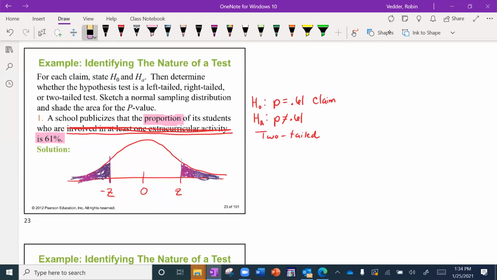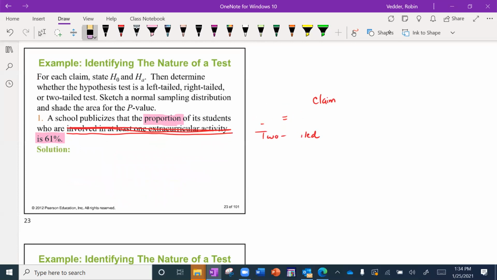All right, let's do an example. It says identify the nature of a test. For each claim, state the null and the alternative. Then determine whether the hypothesis test is left-tailed, right-tailed, or two-tailed.